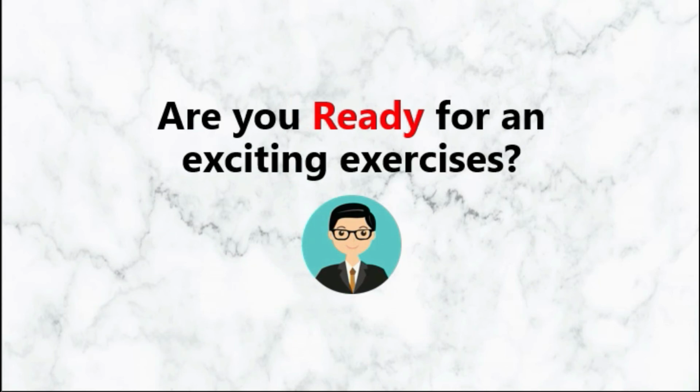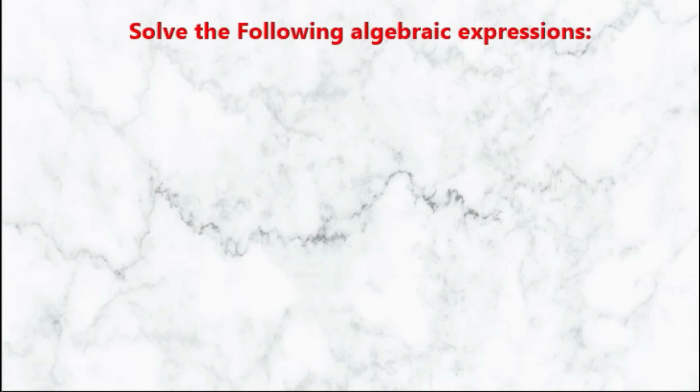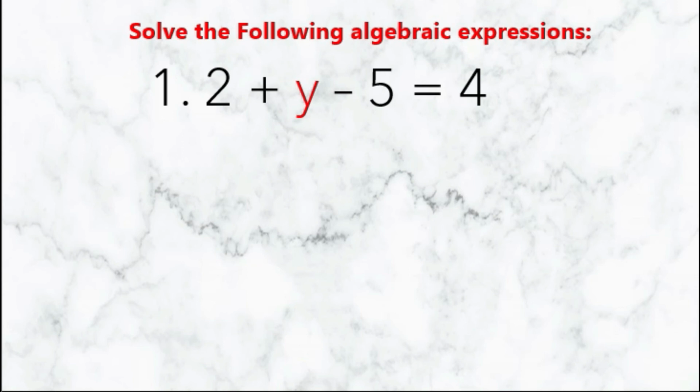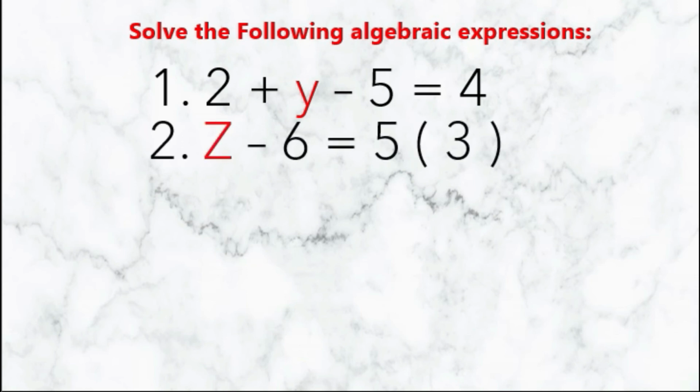Okay. Solve the following algebraic expressions. Number 1. 2 plus y minus 5 equals 4. Number 2. z minus 6 is equal to 5 times 3. So, pag nakakita kayo ng naka-parenthesis na numbers, ang ibig sabihin niyan ay multiplication ng operation na gagawin niyo dyan.